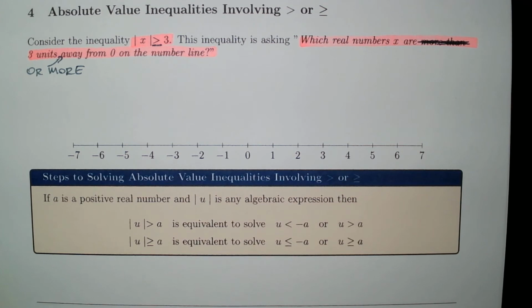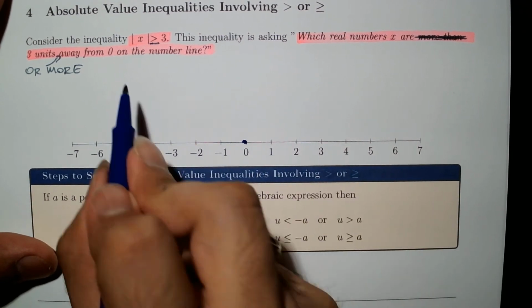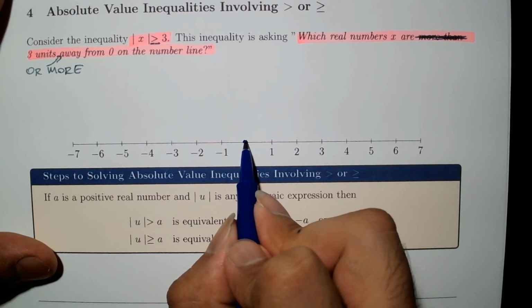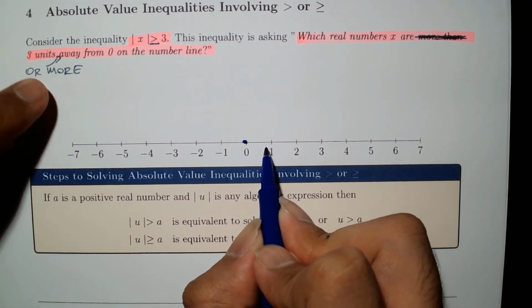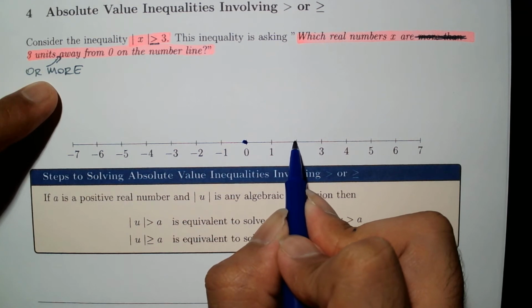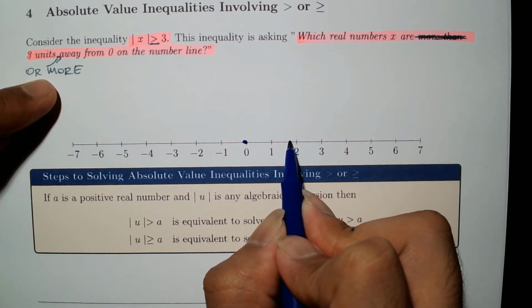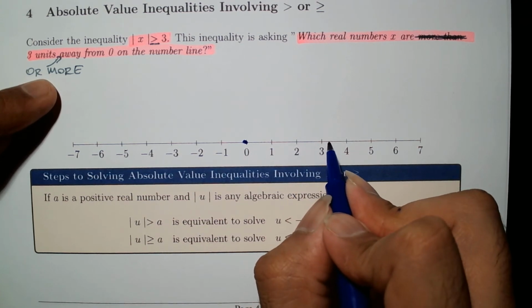Alright, so in this case, this is what we do. Again, 0 is the beginning. 0 is where everything starts. So the number 0. Okay, I'm going to move 1 unit to the right. Is the number 1 3 units or more away from 0? No, it's not the case. What about the number 2? Is that 3 units away or more? That's not possible either. Let me move over here.